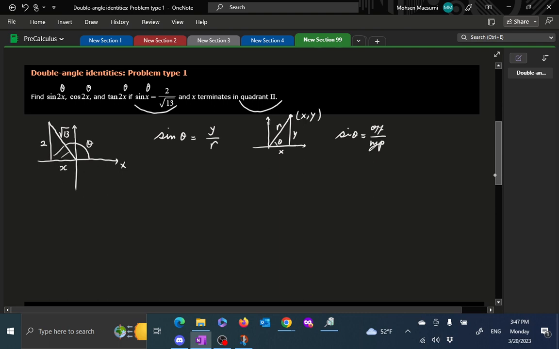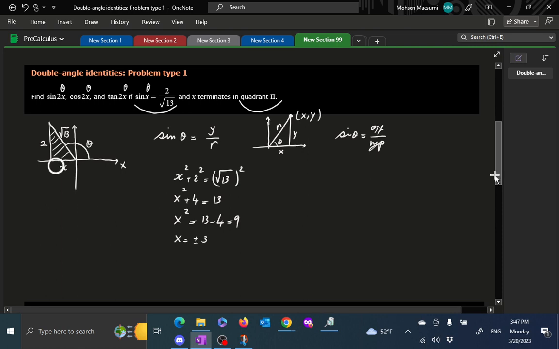So in this triangle, x squared plus 2 squared is radical 13 squared. So x squared plus 4 is equal to 13. That tells me x squared is equal to 13 minus 4, which is 9. And x could have been plus or minus 3.